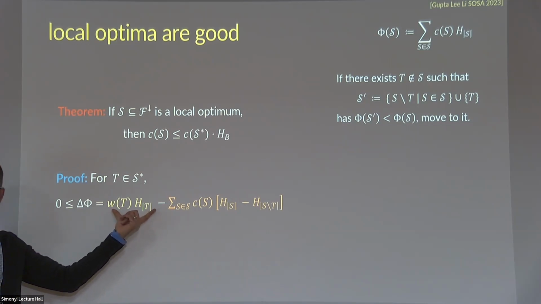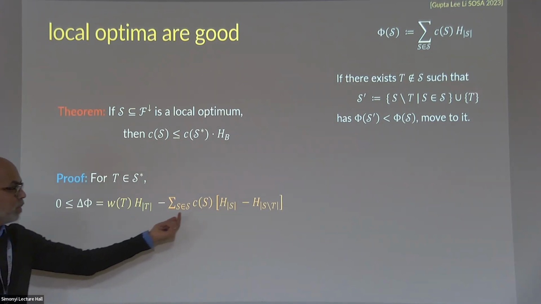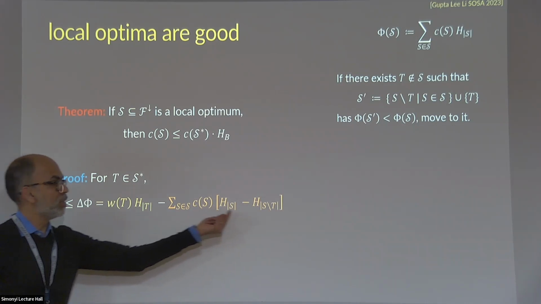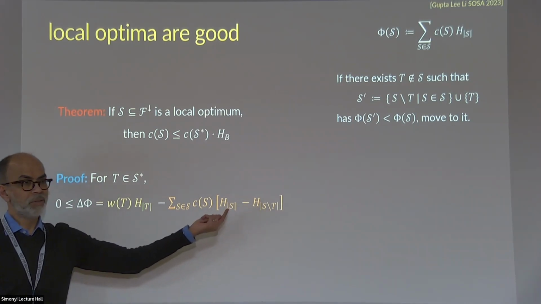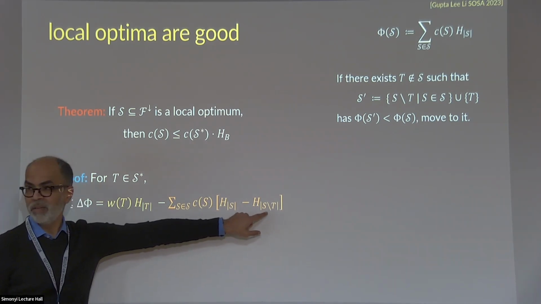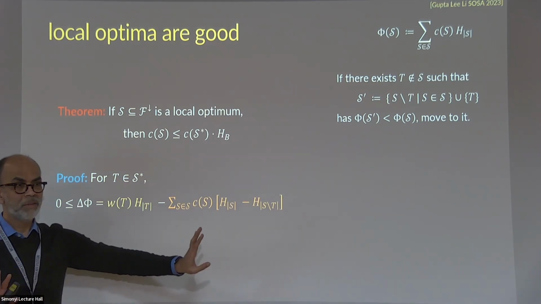It introduces this term in the potential. But for every other set in S, it changes the term to this much. All the sets in the intersection, all the elements in the intersection have been dropped. Fair enough?